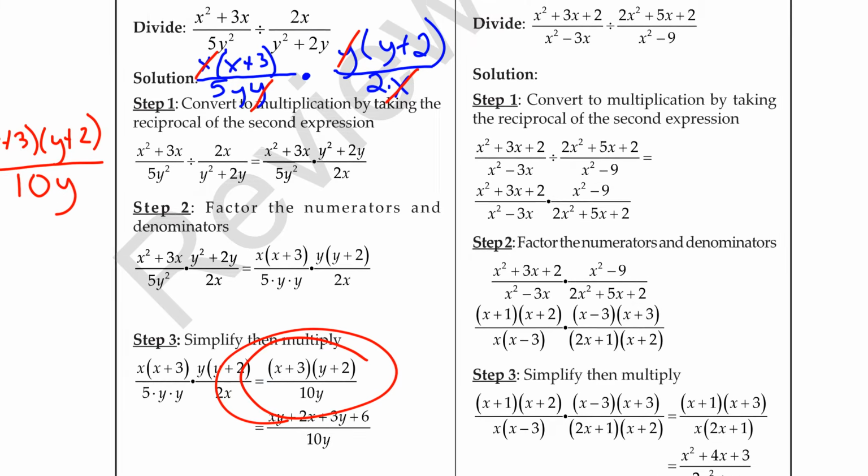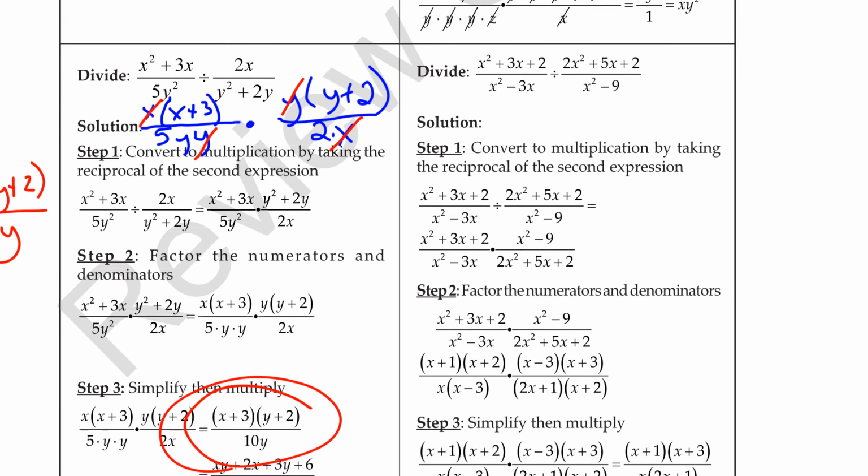All right, let's look over here, see what we got. We got a couple trinomials in the top, division, which we're going to change to multiply and flip the second fraction. So let's make a notation of that before we forget about it. Flip the second fraction.